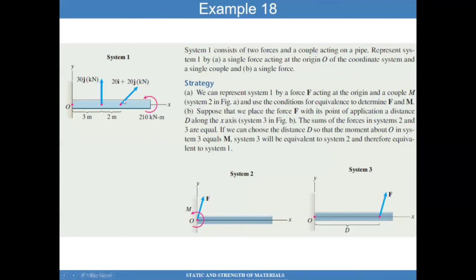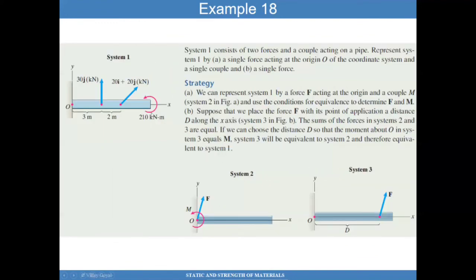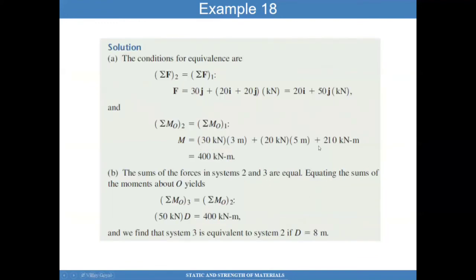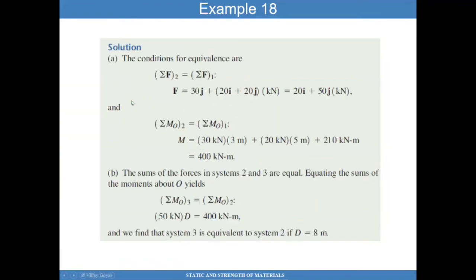And then this one has two components, 20 I and 20 J. 20 I has no effect on creating a moment about O, but 20 J does. So 20 times the distance of 5 gives me this second value. And then I have this couple of 210 kilonewton-meters. And so I can add them up straight to 400 kilonewton-meters. So these are the force and moment that will represent system 1 in an equivalent way.